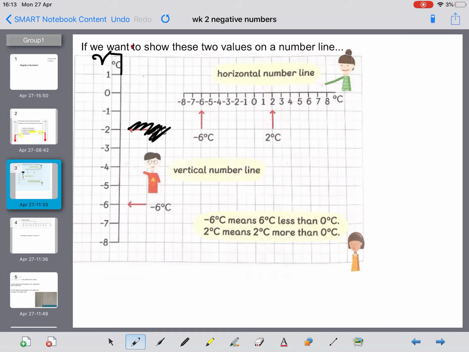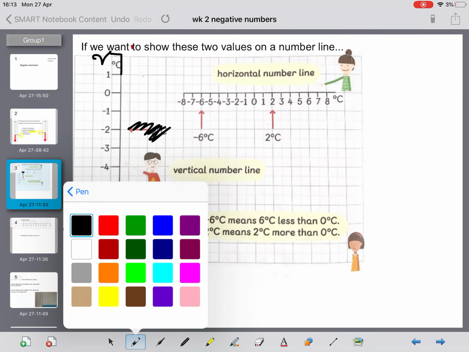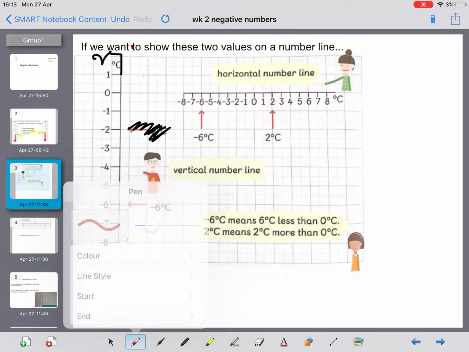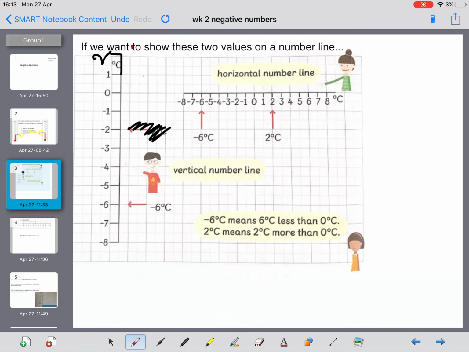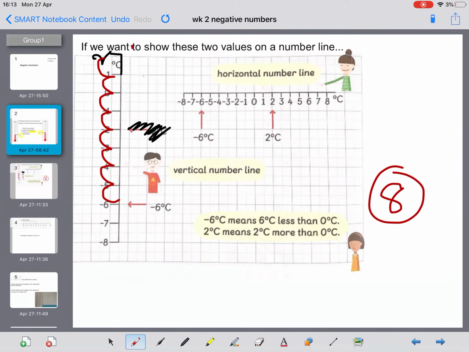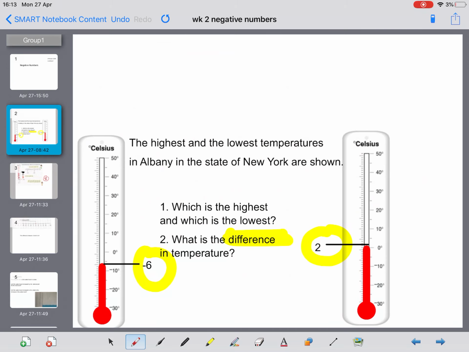Okay, so if we count on this one now, and we go from -6, 1, 2, 3, 4, 5, 6, 7, 8, and again we get 2, and the difference is 8. So when we go back to this question, what is the difference in temperature between this one and this one? It's 8.